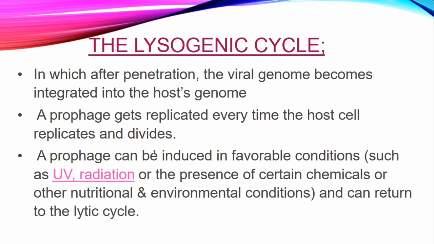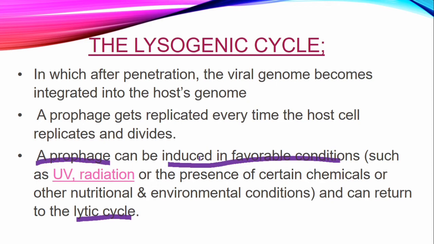A prophage can be induced in favorable conditions such as UV radiation or the presence of certain chemicals or other nutritional and environmental conditions, and can return to the lytic cycle. Here it is shown how the prophage is induced in favorable conditions and returns to the lytic cycle.